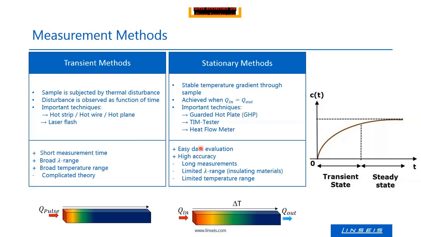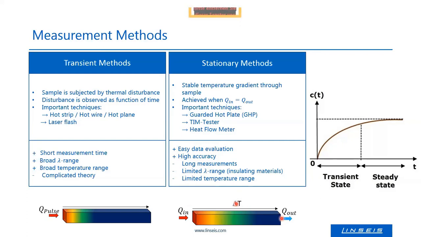Stationary or steady-state methods are very accurate. The thermal conductivity can be measured within 1 or 2% uncertainty. The disadvantage of this method is that the measurement takes a long time.